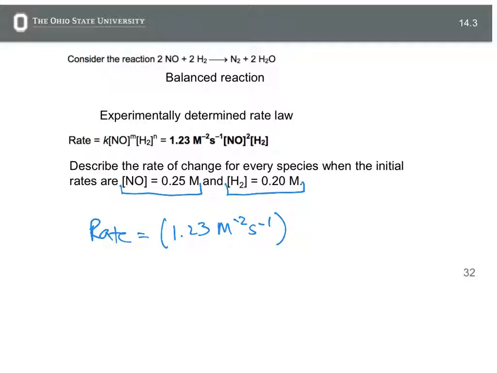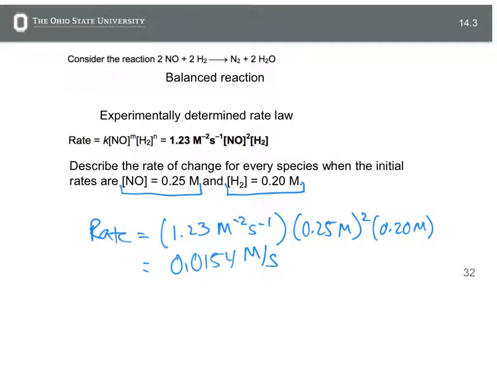And our units should cancel, so we should end up with moles per liter per second. Make sure you square the NO concentration. And I end up with a rate of 0.0154 moles per liter per second.